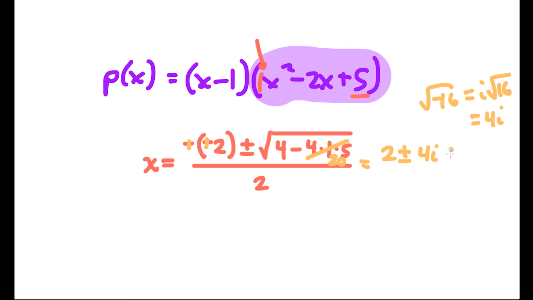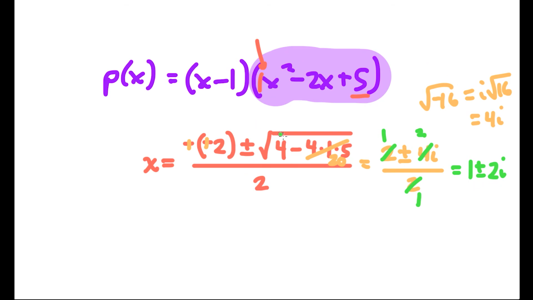So that's where I got the 4i from. And then we're dividing this by 2. Now, if you notice, the top and the bottom are divisible by 2, so I'm going to divide the top and the bottom by 2. And you end up with 1 plus or minus 2i for your solutions for that.